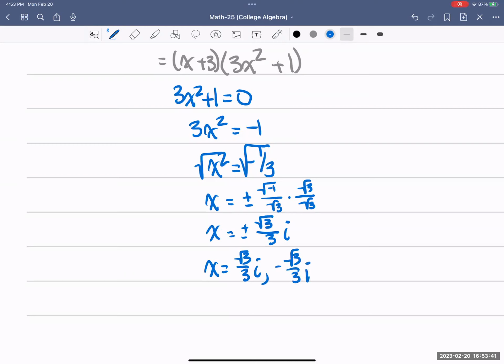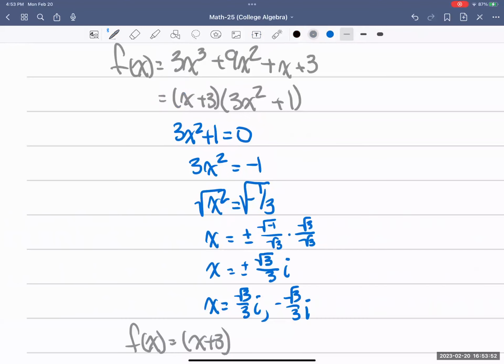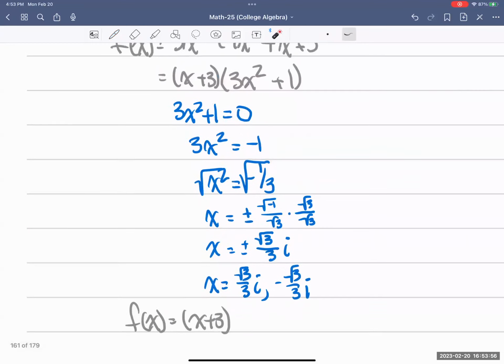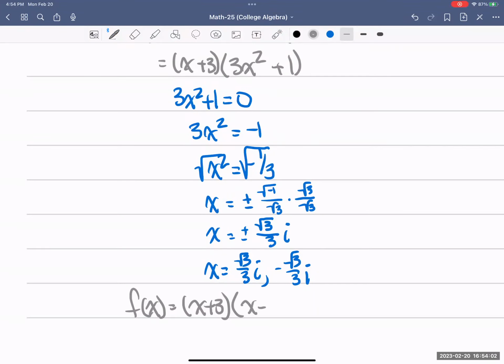And when we plug it back into our function, we have our x plus 3. That's what we originally had right here. And what we just found were these two zeros. So x minus root 3 over 3i, and also x minus negative root 3 over 3i.